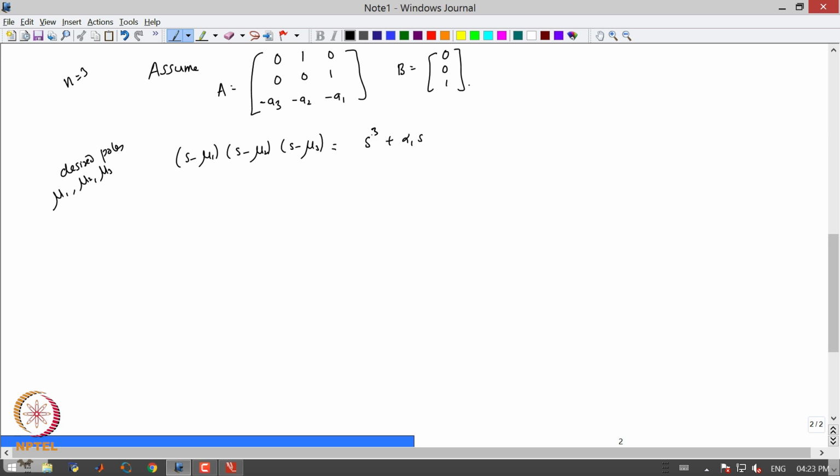For the case of n equal to 3, this will be S cube plus alpha 1 S square plus alpha 2 S plus alpha 3. So, all these are known; the mu's and alphas are known, or they are given to us. Now, what should I find? What is k?